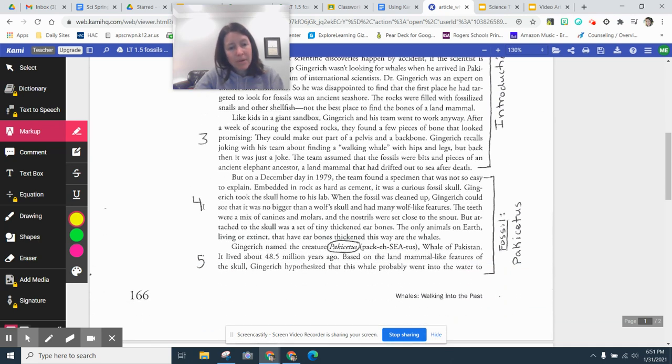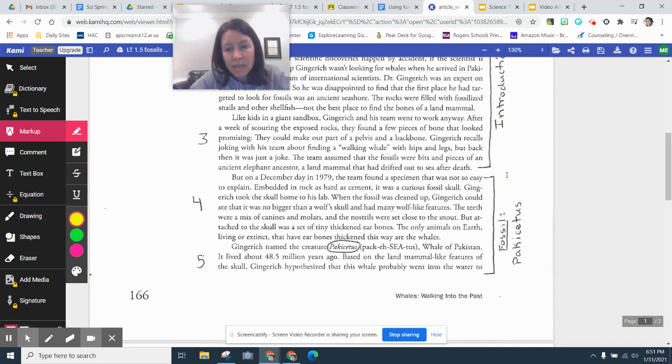All right, paragraph 4. But on a December day in 1979, the team found a specimen that was not so easy to explain. Embedded in the rock, as hard as cement, it was a curious fossil skull. Gingrich took the skull home to his lab.